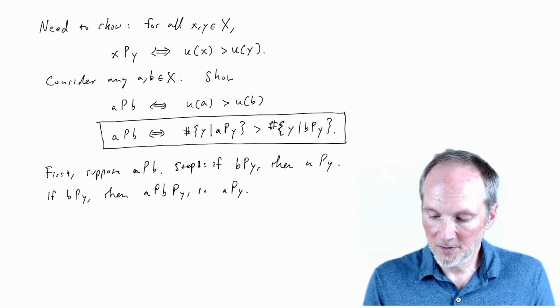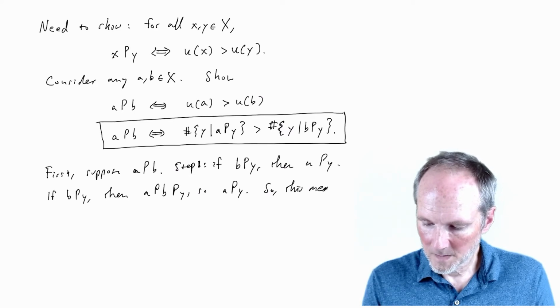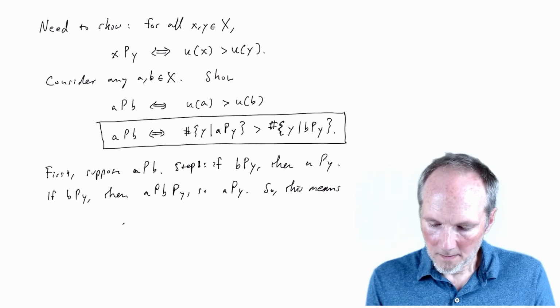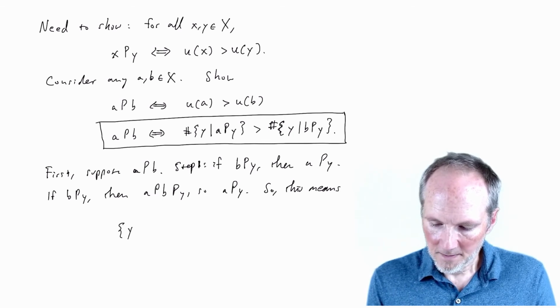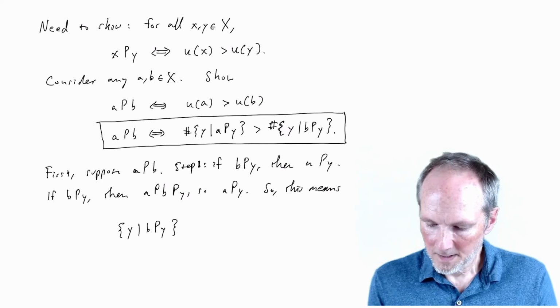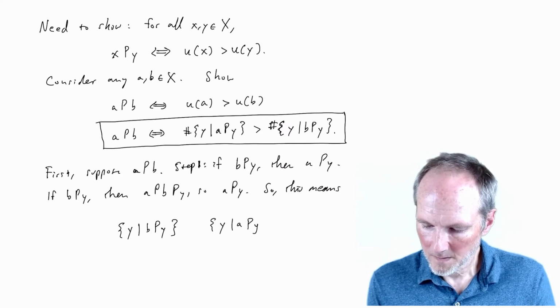In set theoretic terms, this means that the set of things that are worse than B is a subset of the set of things that are worse than A, right?